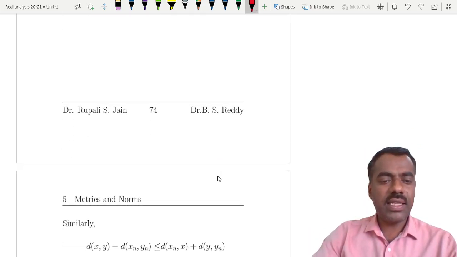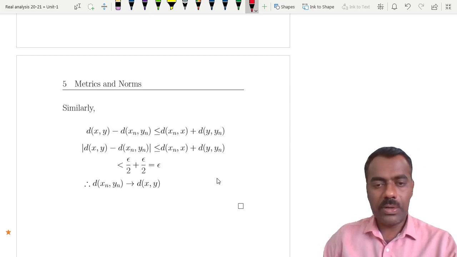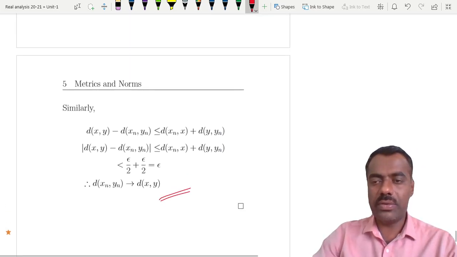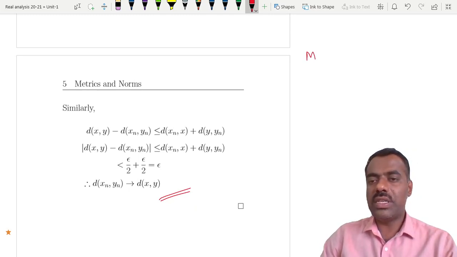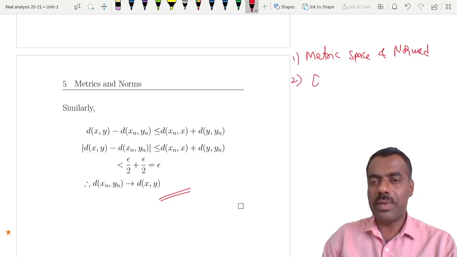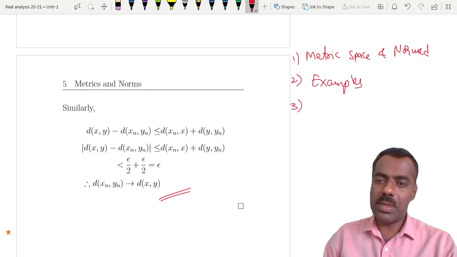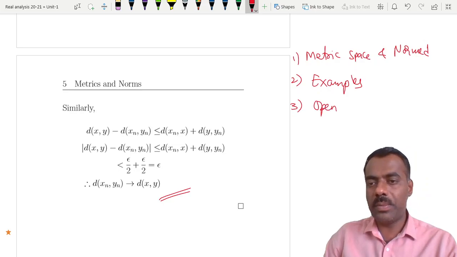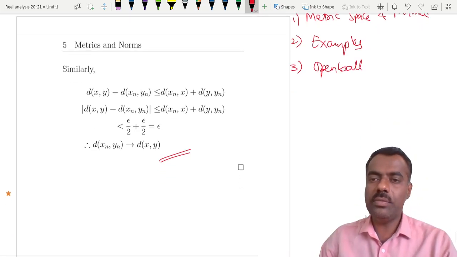Okay, these are the things about metrics and norms, all the basic concepts that we have seen. So we have seen what is meant by a metric space as well as a normed linear space. Then we have seen some examples, and then we have covered what is meant by an open ball, or you can also call it a closed one.